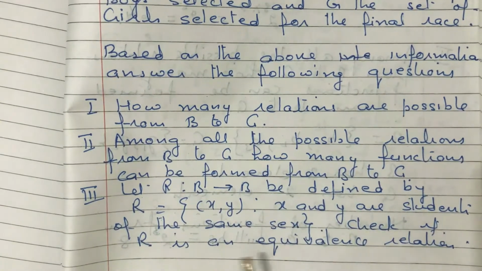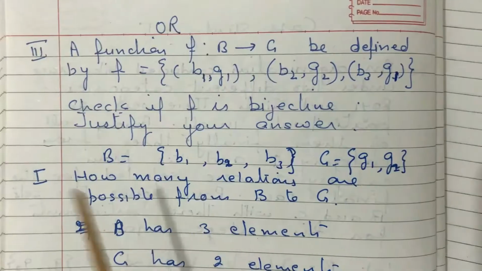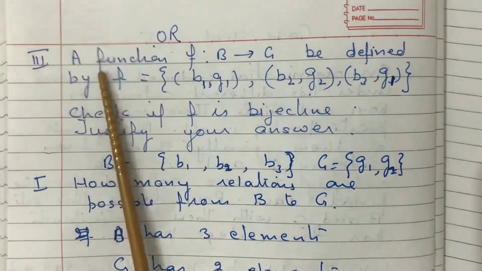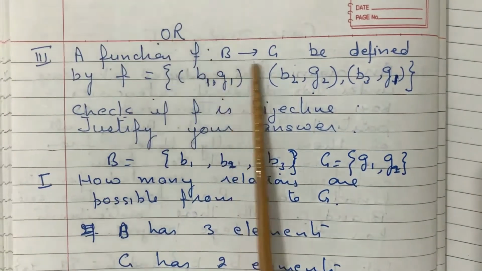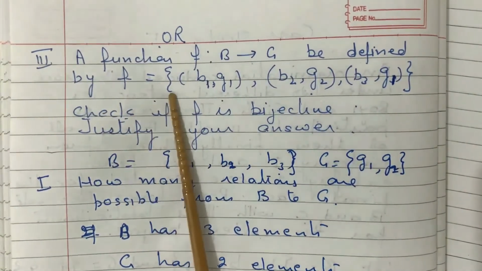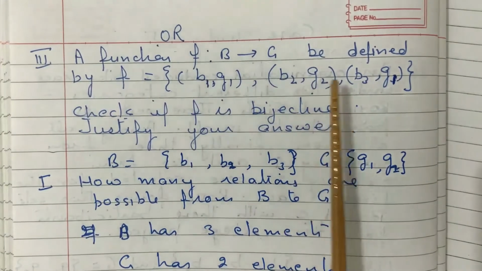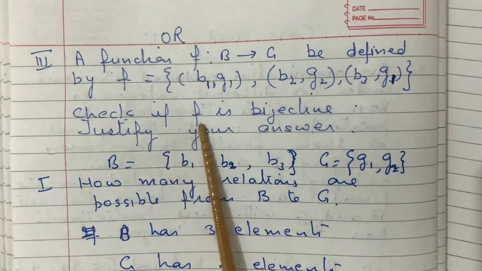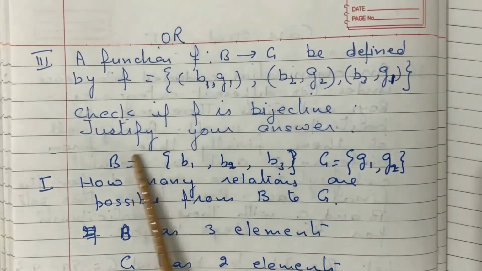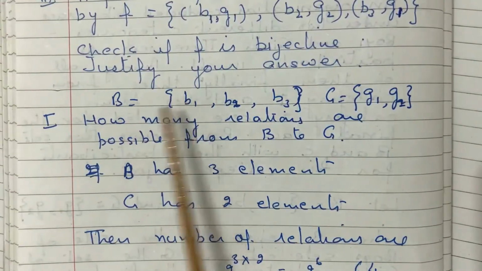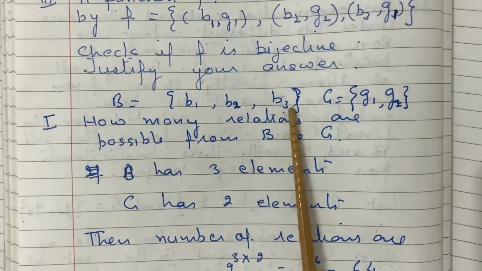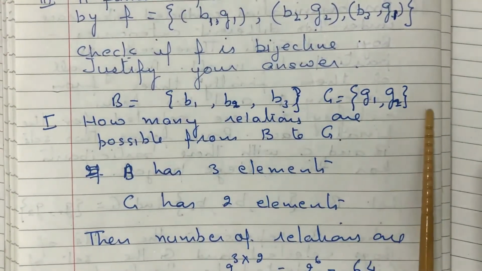Check if R is an equivalence relation. Fourth, a function f from B to G is defined by f = {(B1, G1), (B2, G2), (B3, G1)}. Check if f is bijective. Justify your answer. The elements of B are B1, B2, B3. Elements of G are G1 and G2.